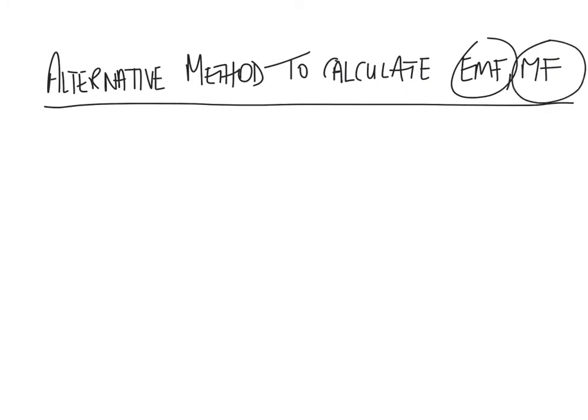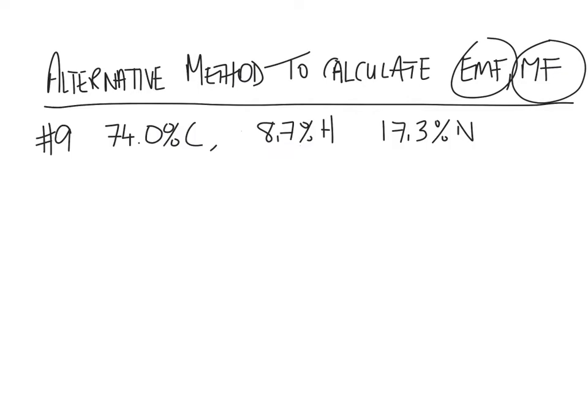So I'm going to do this example using question number 9 from yesterday's sheet. It said that nicotine gave 74.0% carbon, 8.7% hydrogen, and 17.3% nitrogen.